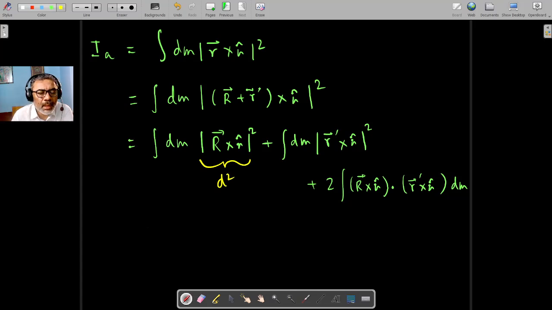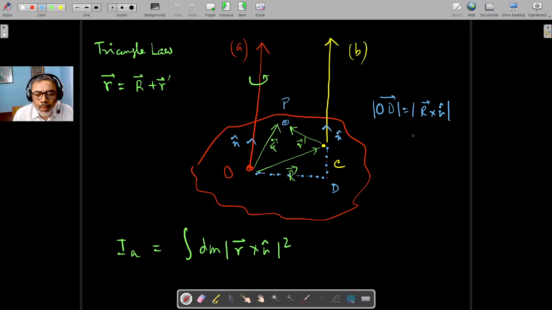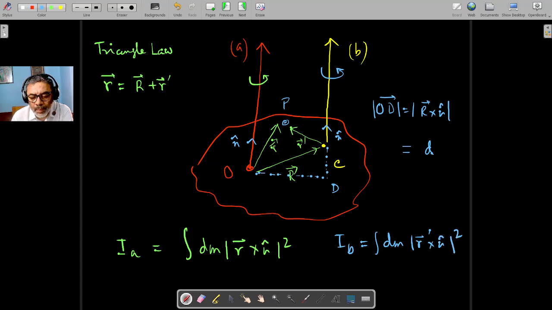What is d? We call the magnitude of OC d. We define this as d. This is the perpendicular distance between axis A and axis B. IB is integral dm |r dash cross n| whole square.